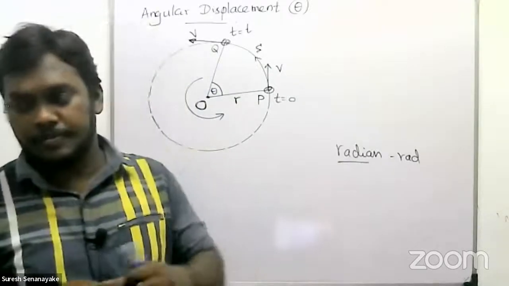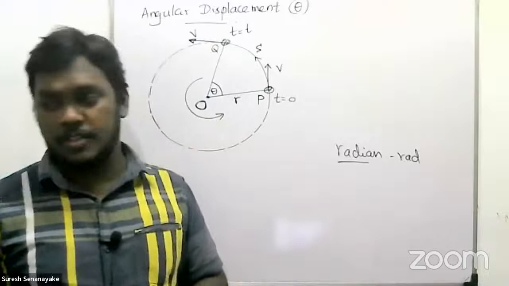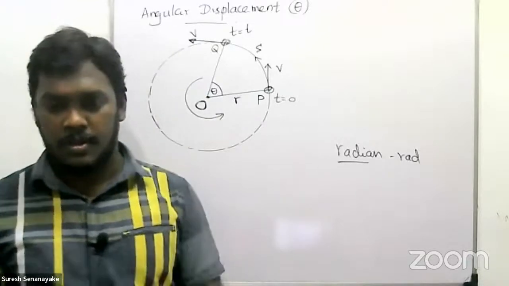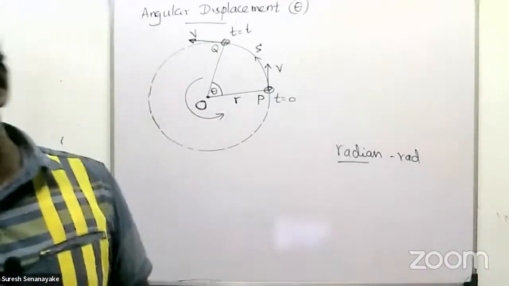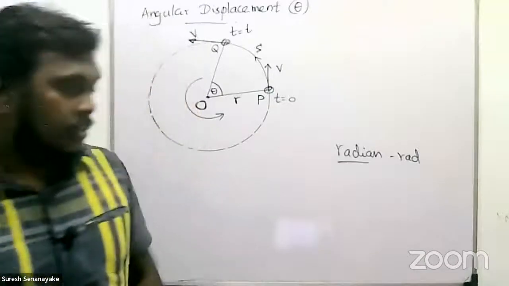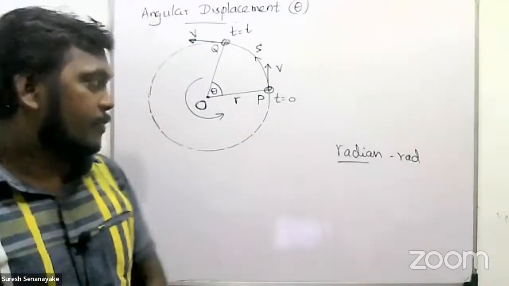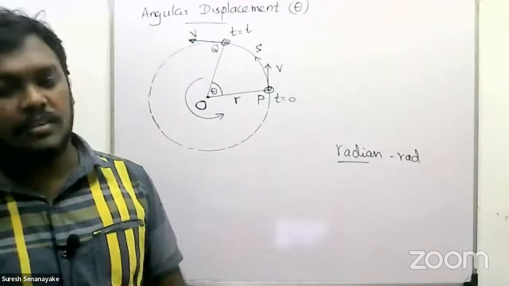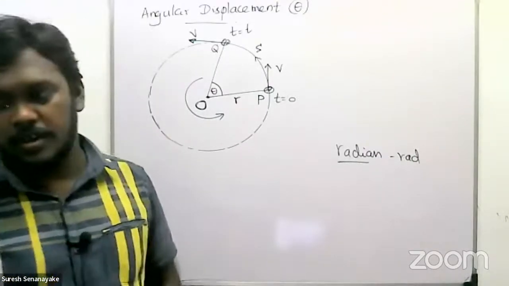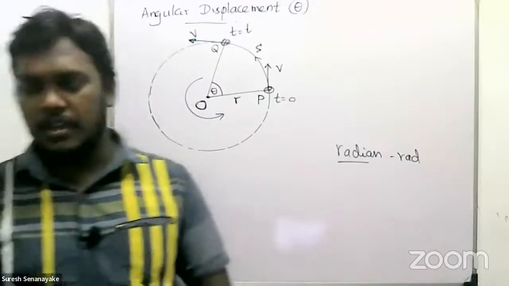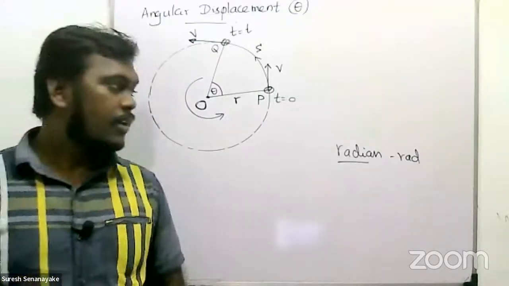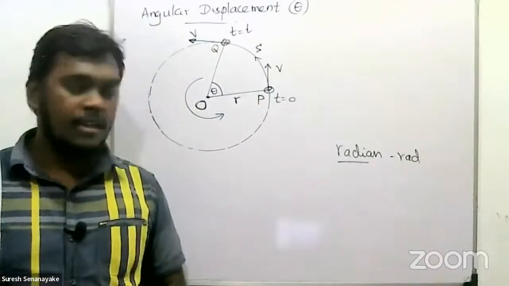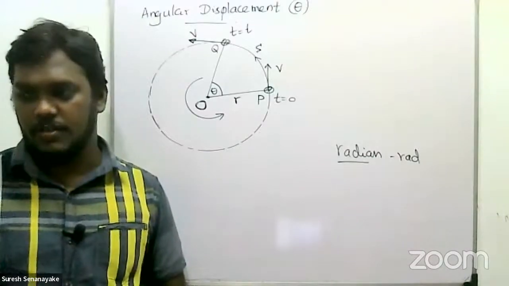Okay, first write there. First write, angular displacement is the rotation of a point or a straight line about a particular axis in a particular sense, or a particular direction.